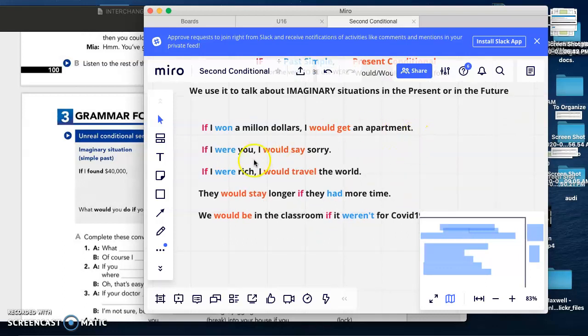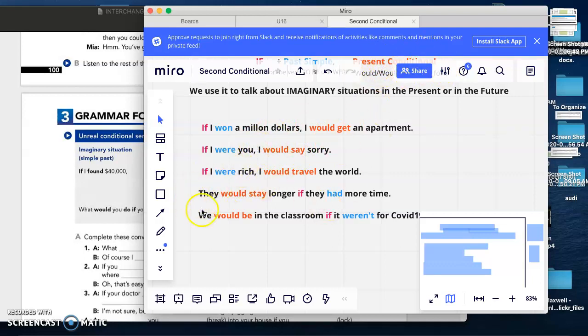So we can also do it backwards. We don't always have to say the if at the beginning of the sentence. So I can use the present conditional first. They would stay longer if they had more time. So it is basically the same structure, because in here we have a subject, and after the subject we have would stay, so the present conditional of the verb.